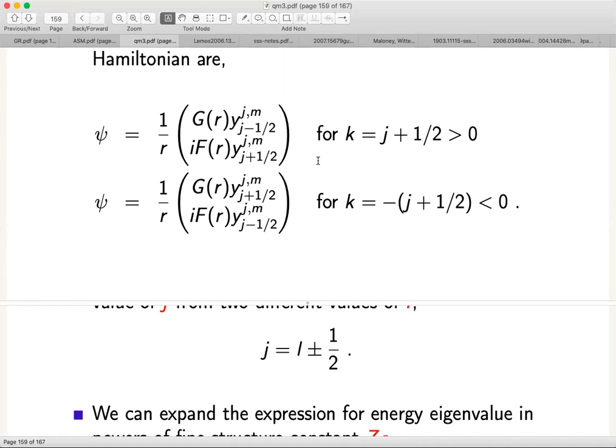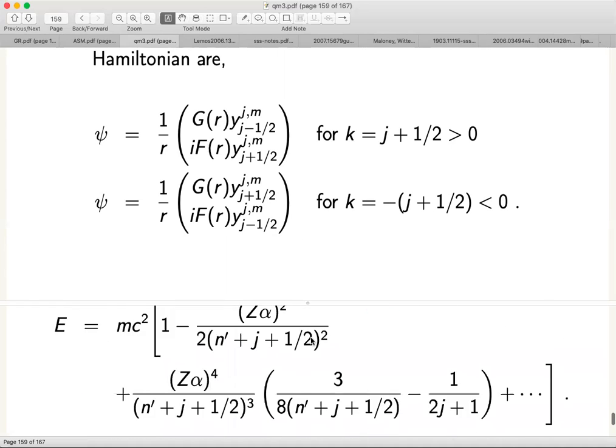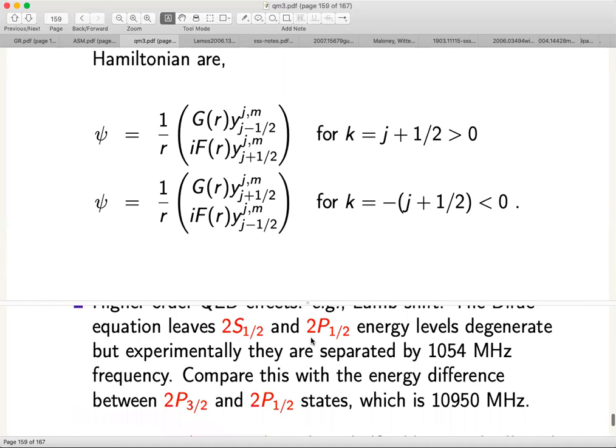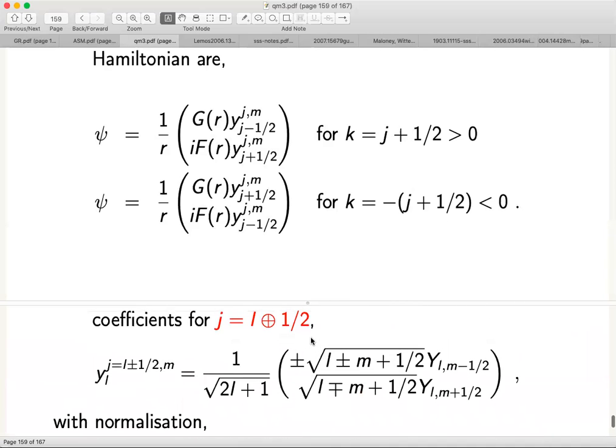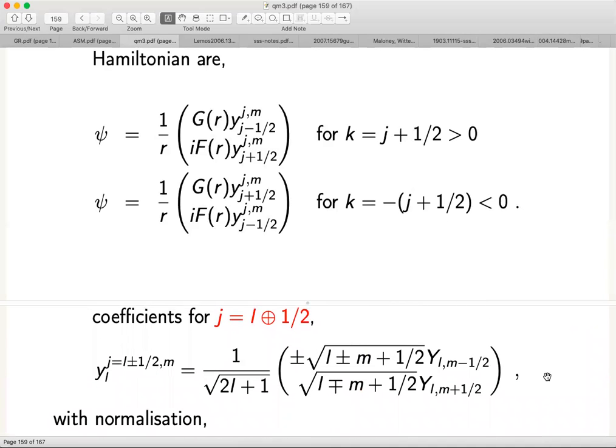In the below thing, could you go to the Y form, the matrix form? Yes. This is just solving the angular part.